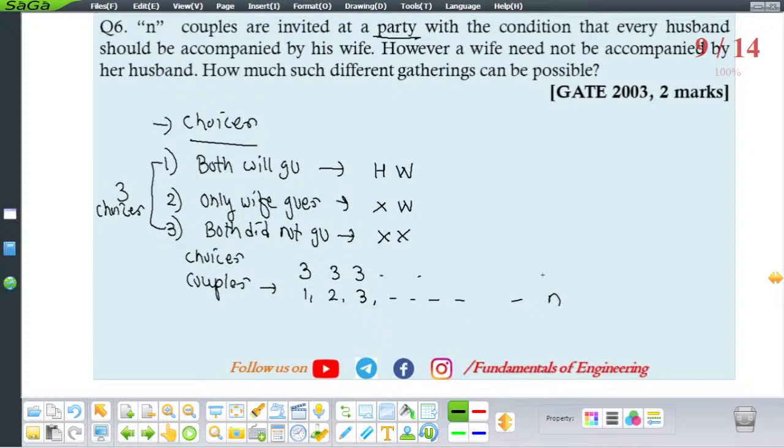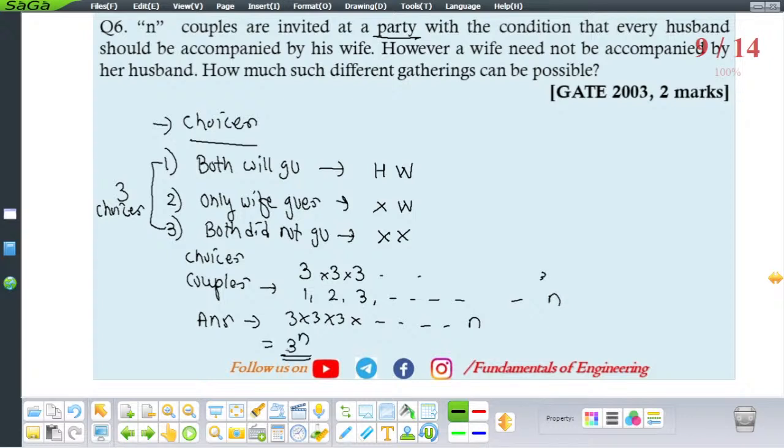So the answer we are getting is 3 raised to n.